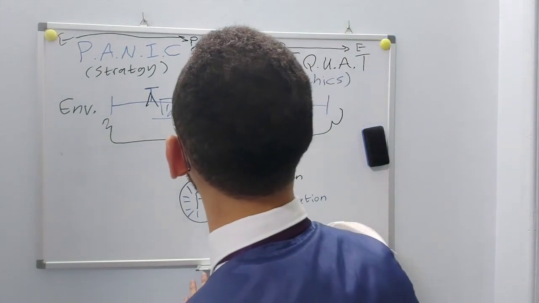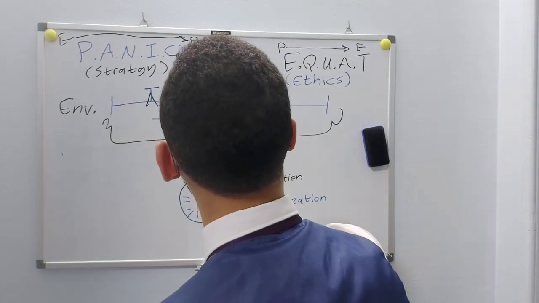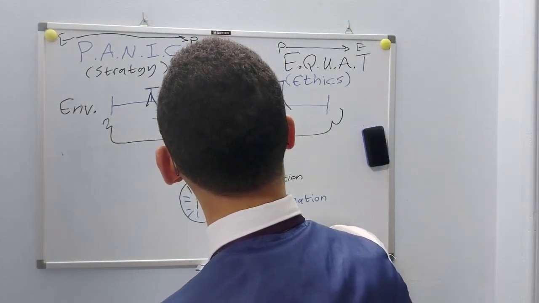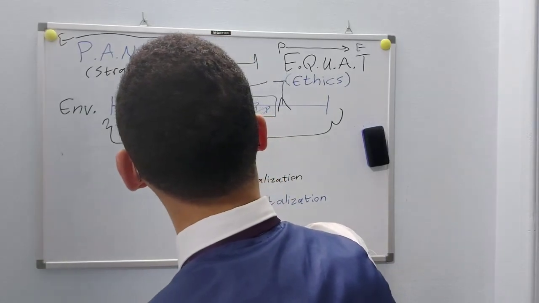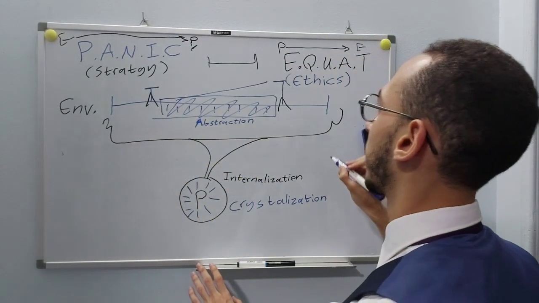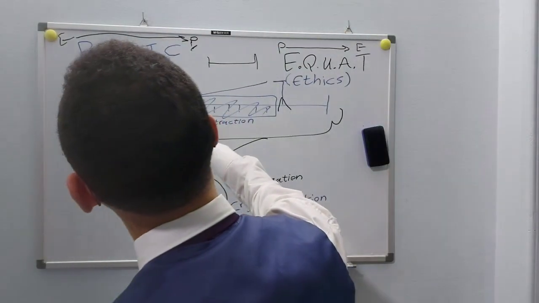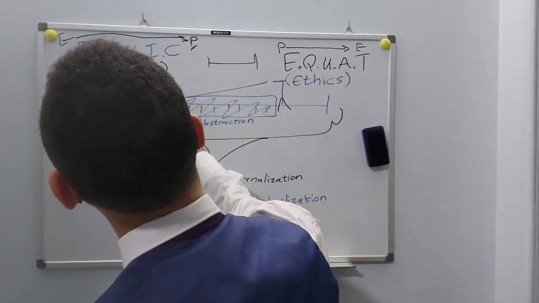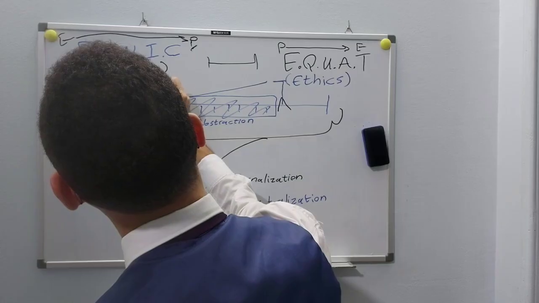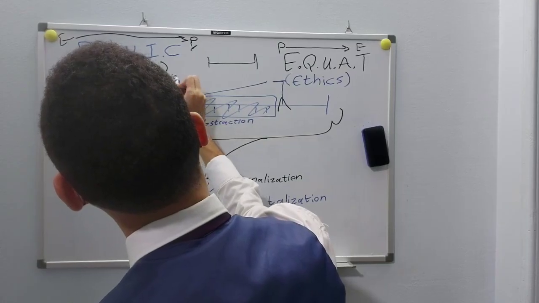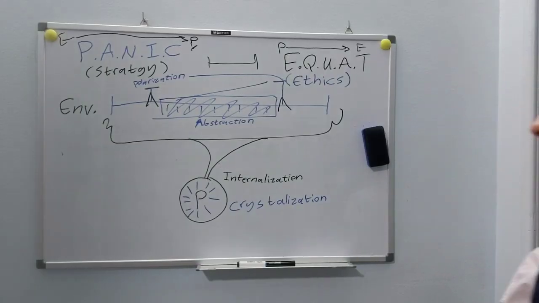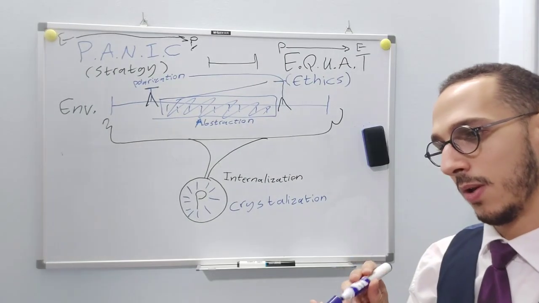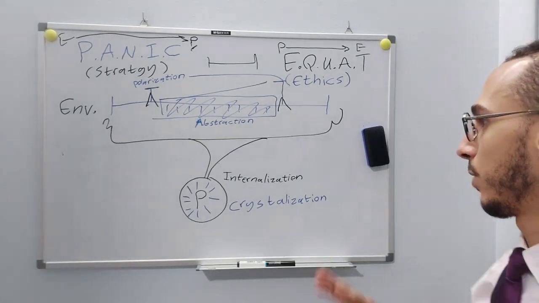Forgot to have abstraction here. And of course, this is polarization. And so, crystallization is the final stage.